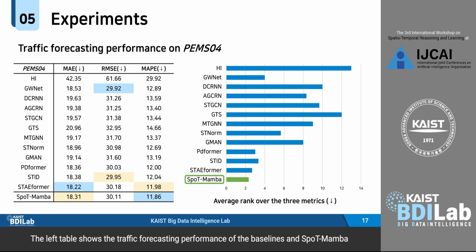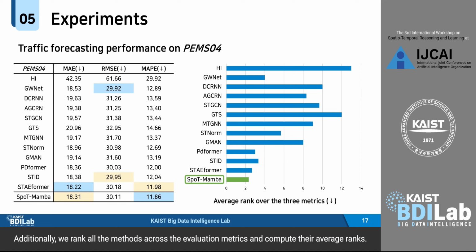The left table shows the traffic forecasting performance of the baselines and SpoT-Mamba in terms of mean absolute error, root mean square error, and mean absolute percentage error. For all 3 metrics, lower values indicate better performance. For each evaluation metric, the best result is highlighted in blue, and the second best result is highlighted in yellow.